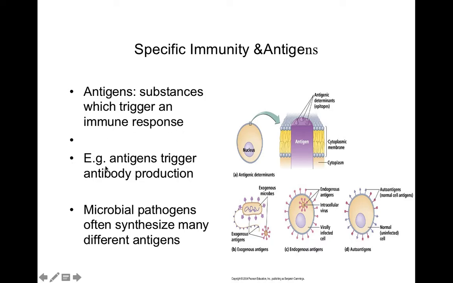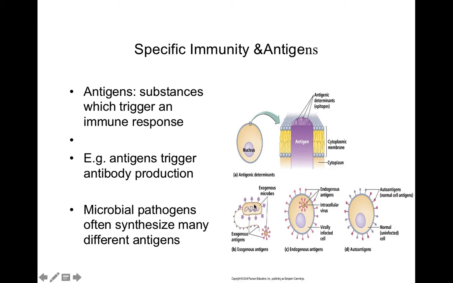Okay, so another way to say this, you guys, is antigens, for example, would trigger antibody production, right? And we would say, you guys, that if we took a specific microbe, let's say maybe this is a bacterial pathogen here. We would say if the bacterial pathogen invaded us and triggered, say, antibody production, we would say that the bacterium is antigenic.